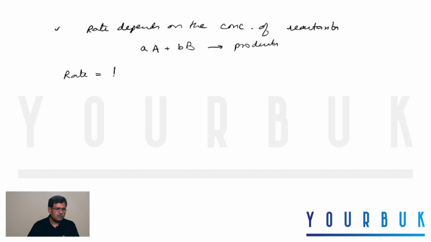But the rate is equal to k into [A] raised to the power x and [B] raised to the power y. This rate can be any rate. It can be disappearance of A, disappearance of B, or formation of any one of the products.